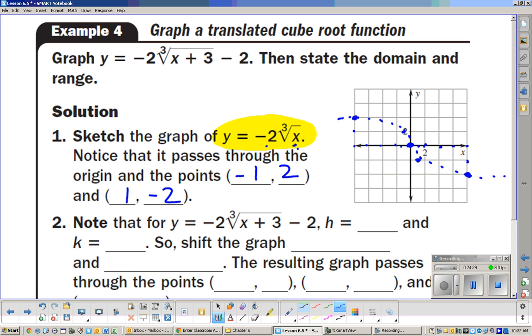Alrighty, let's see. McKaylee, how's this graph going to move? Or if you'd rather say what's h and k, I'll take that too. You are so close. It is negative 2. What's h? Negative 3. Thank you. So how does that move the graph? If h is negative 3, how does the graph move?